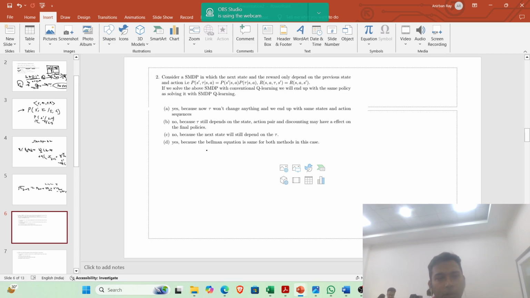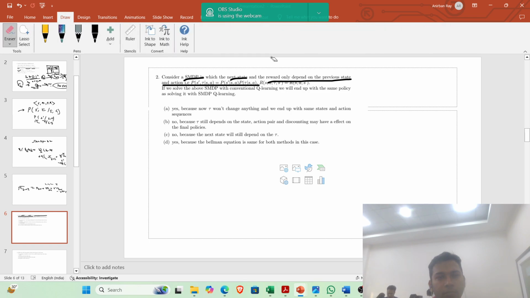So we have an SMDP in which the next state and the reward only depend on the previous state and action. The claim is that if we train with conventional Q learning and this SMDP Q learning, we will end up with the same policy.